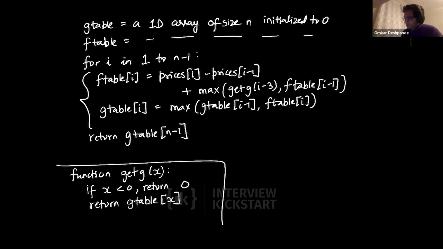So the time complexity is going to be order n because the body of the for loop again runs in constant time.